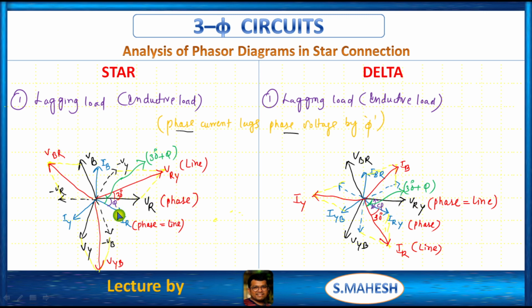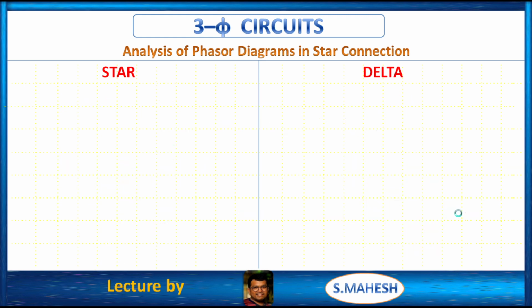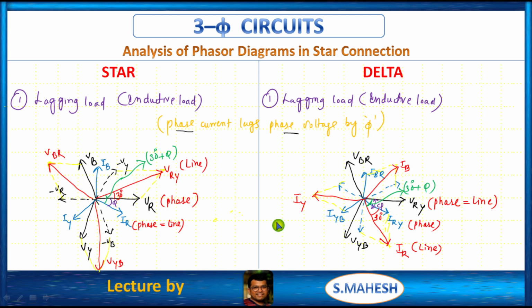Clear? Then we all know that in case of star connection, phase current is equal to line current. In case of delta connection, phase voltage is equal to line voltage. So we have phase voltage, line current, phase current in case of star connection. Like that, we have phase voltage, line voltage, phase current in case of delta load.